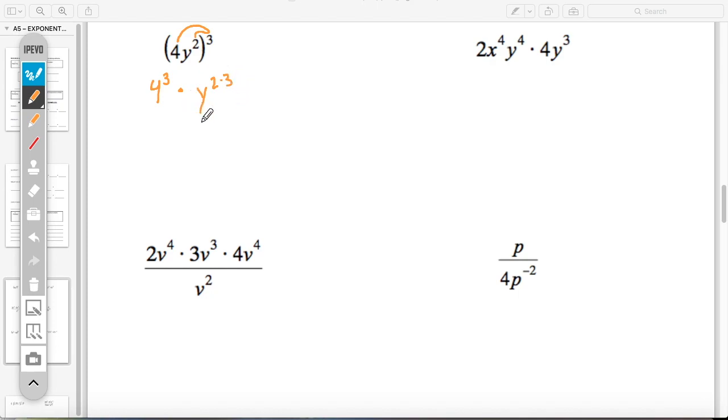Okay, if you're confused as to how we got this, go back and check above. Okay, so we simplify 4 to the third power, that's 64, times y to the 6th. Okay, 2 times 3. Okay, so my final answer would be 64 y to the 6th.